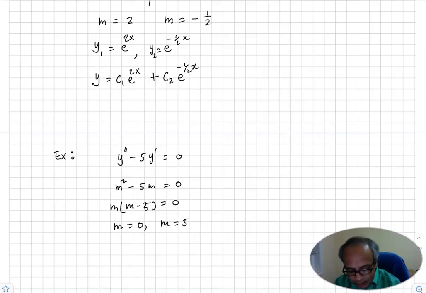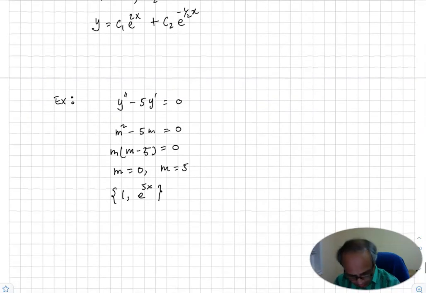Okay, so then you have a fundamental set of solutions, e to the 0, which is 1, and e to the 5x. So your general solution is c1 times e to the 0, which is 1, or c1 times the first solution, which is 1, and c2 times the second solution, e to the power 5x.